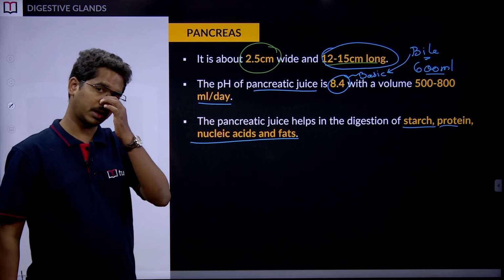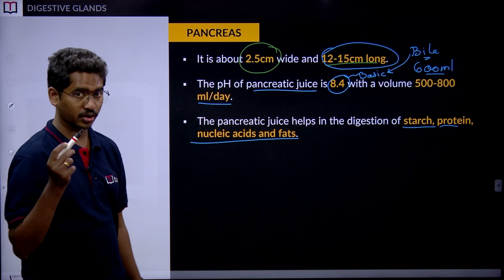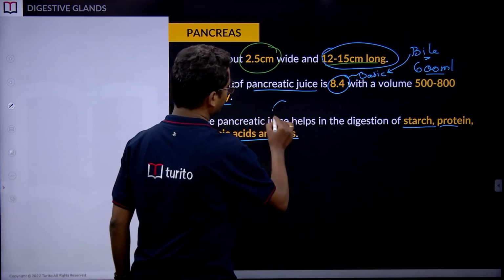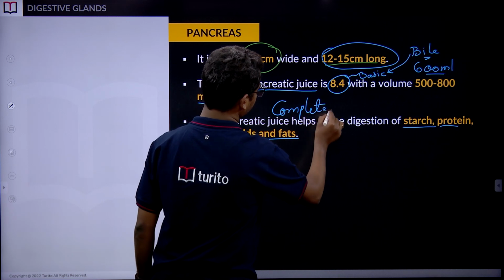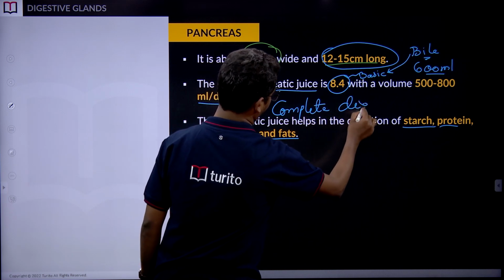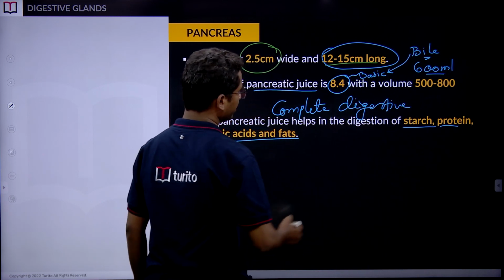So, this is one good reason this pancreatic juice is known as complete digestive juice. It is also known as complete digestive juice.